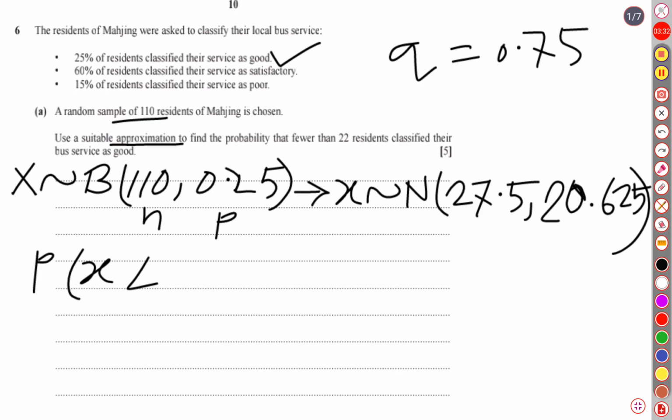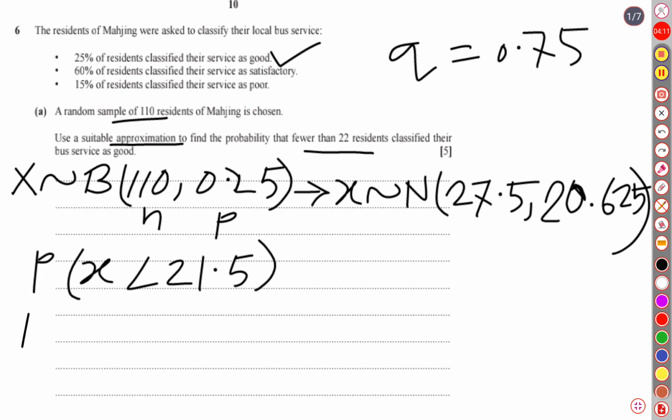But we should not forget that whenever we convert the binomial distribution into the normal distribution, the binomial distribution is a discrete random variable, whereas the normal distribution is a continuous random variable. So 22 residents have been chosen. This is a discrete variable. If it is converted to a continuous variable, it will be 21.5. We should not forget this point actually.